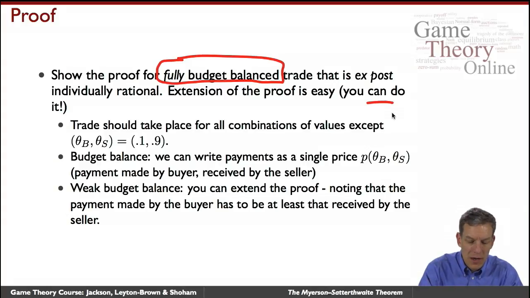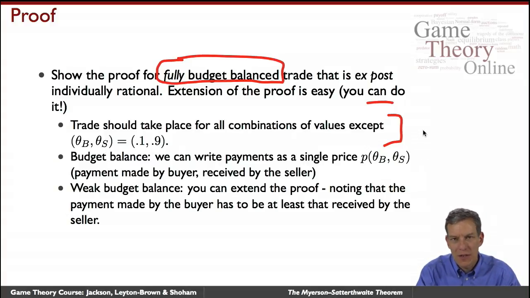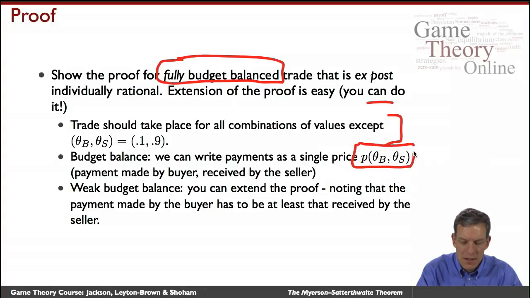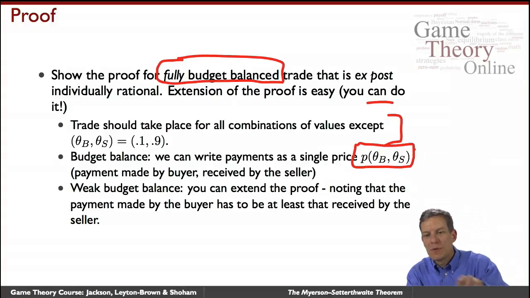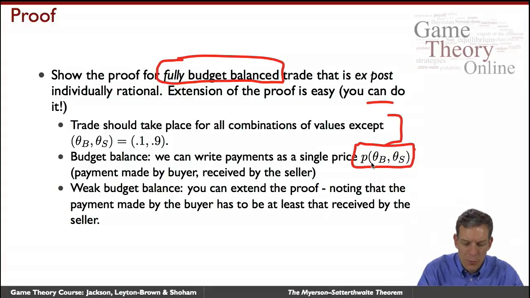And so here what we're going to have is trade should take place for all of the combinations except when the buyer and seller values are 0.1 and 0.9. And the nice part about that, just in terms of notation, is that we can write payments down in terms of full budget balance just as a single price, which is the payment made by the buyer and received by the seller. So we can think of some price as a function of what the buyer and seller's value is.